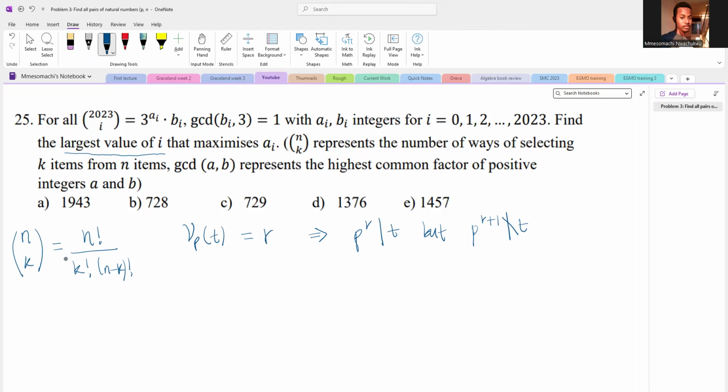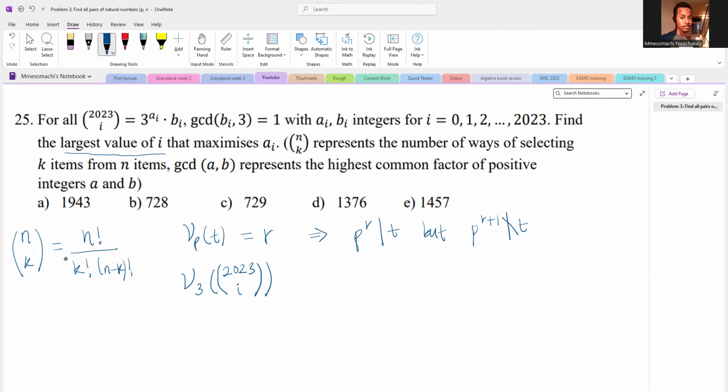So the first problem we want to solve is to find the p-adic valuation of 3 in 2023 choose i. We want to find the p-adic valuation of this, maybe in terms of i, and then we look at the largest i that satisfies it. So how do we get this?